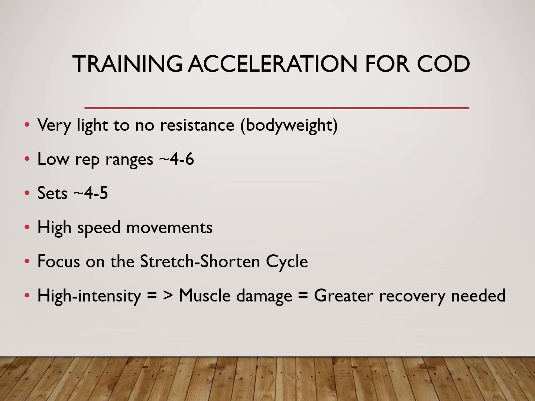So we want to ensure that in order to maximize the benefit of any acceleration or speed training, we are doing it when the athlete is well rested and is able to put full effort in. Okay, so we don't want to be doing this when there's any significant amounts of fatigue within the muscle. So it's going to lead to even more damage and potentially injury.